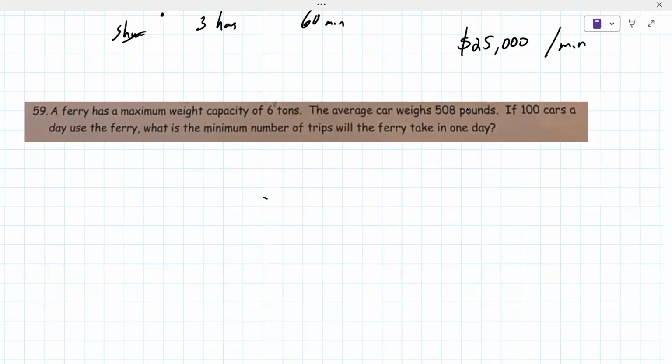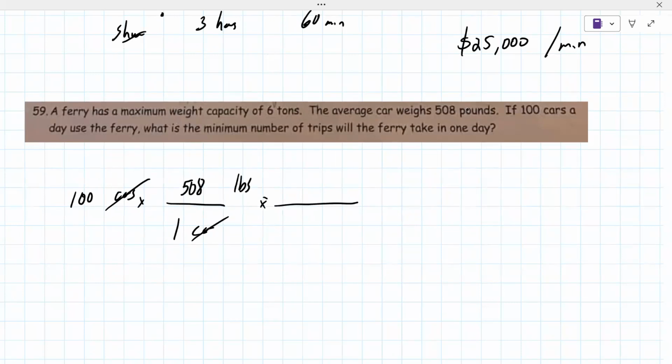So you start with 100 cars times one car is 508 pounds. That'll tell us how many pounds it is, but we want to go pounds to tons, and 2,000 pounds is 1 ton. It's okay to do these intermediate ones, like how many tons is it?